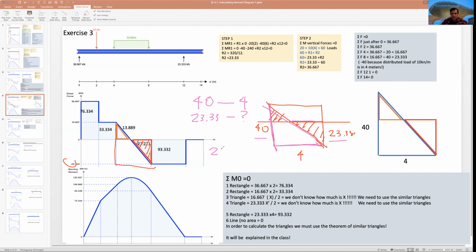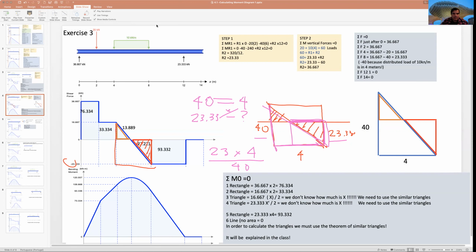Well, 23 point something multiplied by 4, always use the decimals, please, divided by 40. You multiply, you divide, and it will tell you how much this side is. After you have this side, you multiply by the height, that is 23, and you divide by 2, because you don't want the rectangle, you want the triangle. Okay?